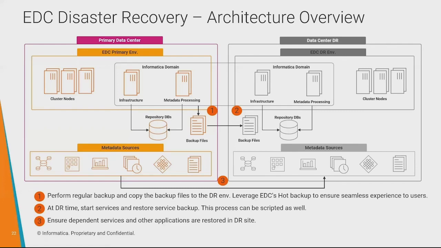So that's a high level disaster recovery, and I would mention that there would be some downtime in a disaster recovery. It wouldn't be an immediate turnaround for the DR site, and I believe it will be expected in a genuine DR scenario. Since it is a metadata catalog, it may be okay to wait for some time, but a lot of these processes can be improved if you script them out and test them often.